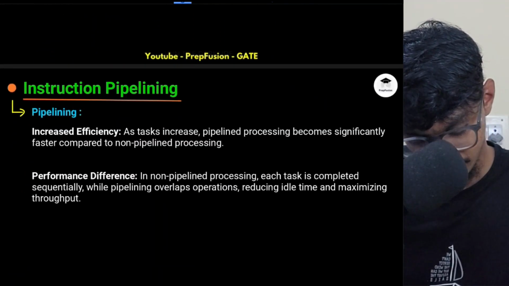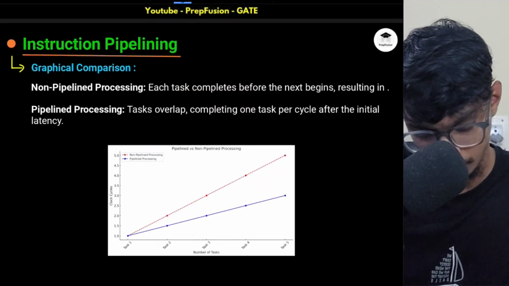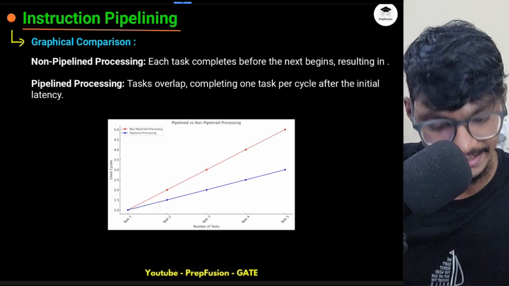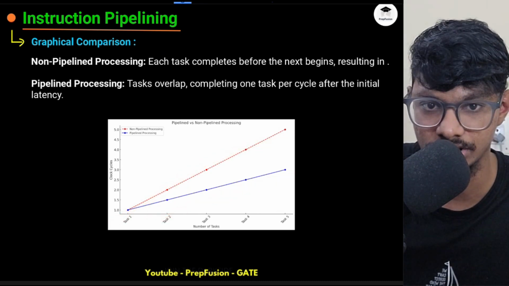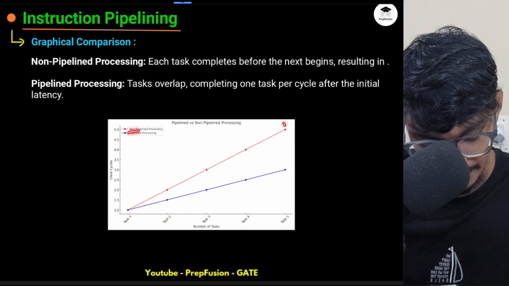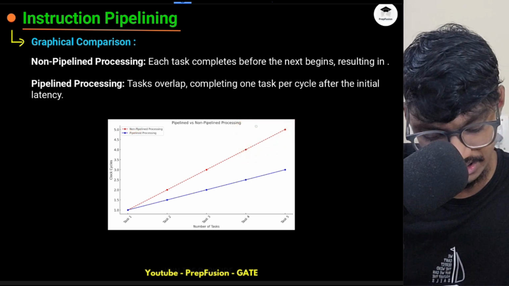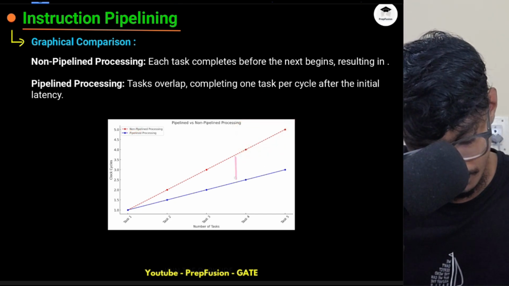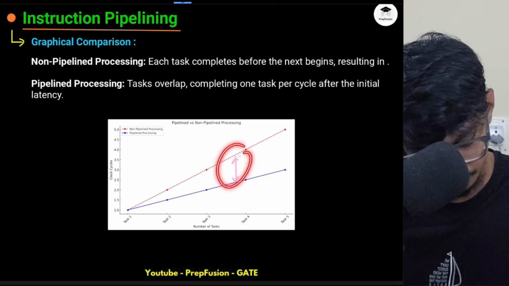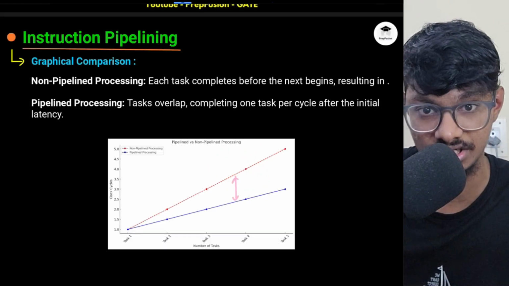That is what is written here, right? Pipelining versus non-pipelining. If I see a graph, as I keep on increasing my number of instructions, what do I see? This is the time taken, or the number of cycles, for a non-pipeline processor. I see that gap keeps on increasing as the number of instructions increases.